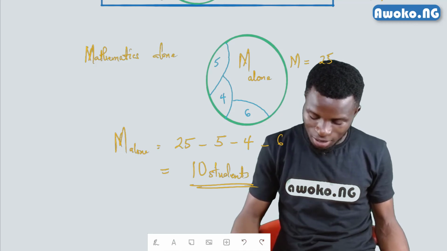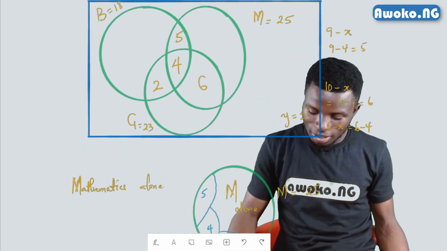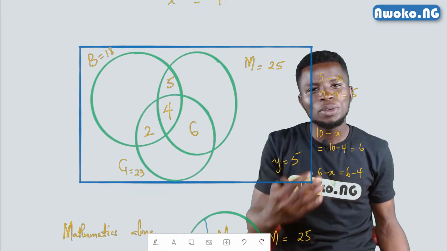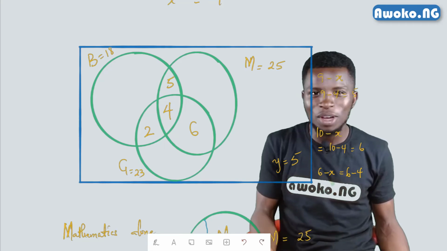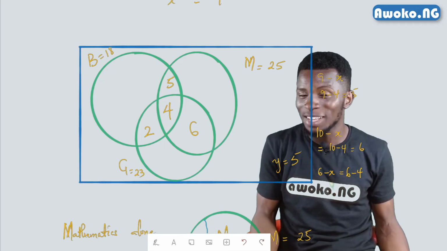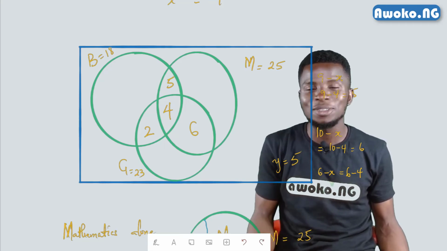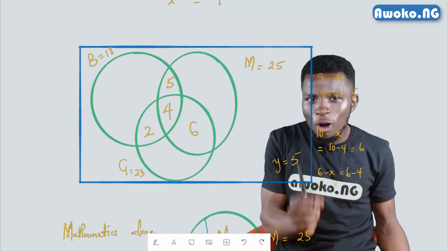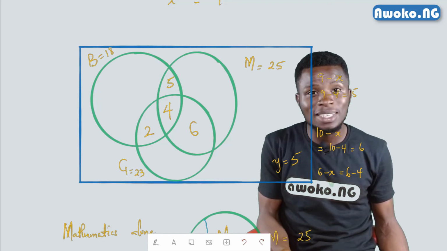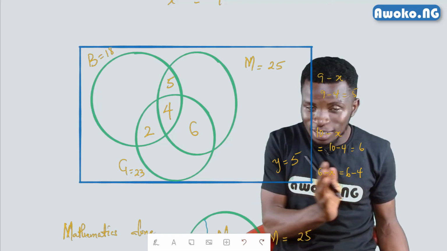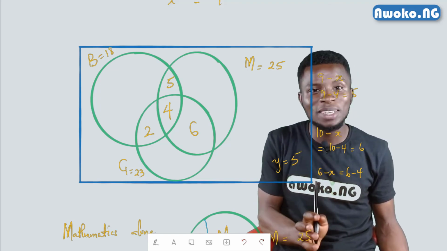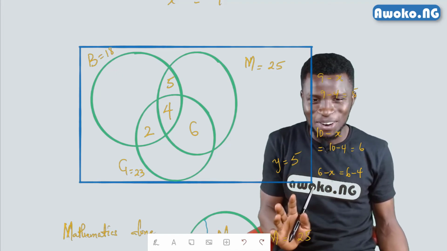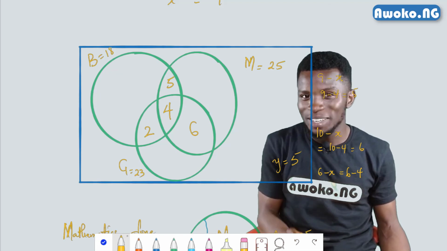Remember, we said in our introductory lesson that the Venn diagram is very important because it gives us the pictorial view of everything we are talking about, and you know for sure that if you have a picture of what you're talking about, you know what you're talking about.